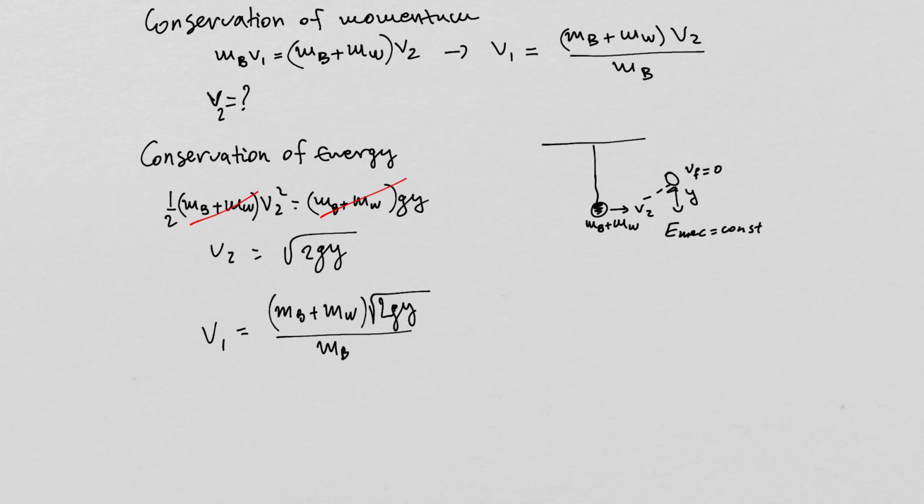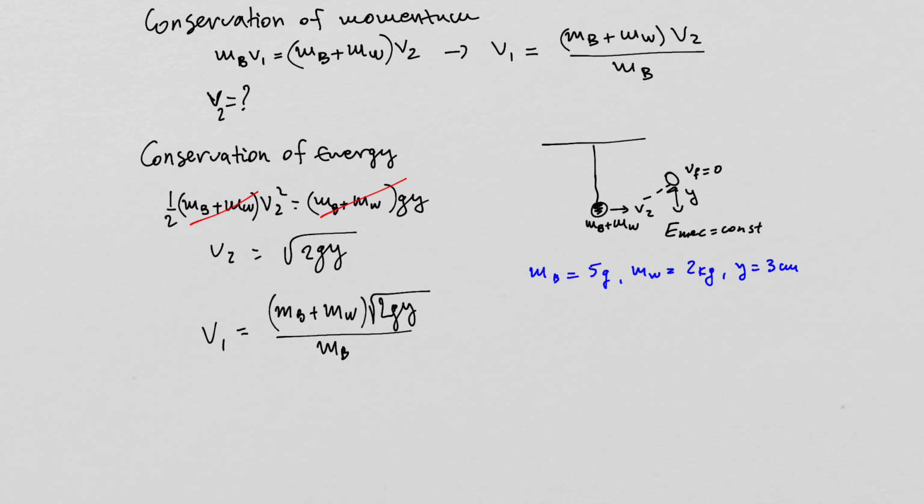Now let's give some values to these numbers and see what the results will look like. Let the mass of the bullet be 5 grams, the mass of the wooden block 2 kilograms, and the height to which the pendulum swings 3 centimeters. Don't forget to convert the mass here in kilograms and the distance here in meters.